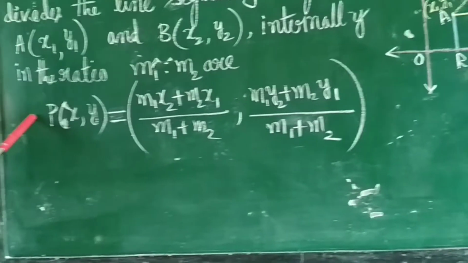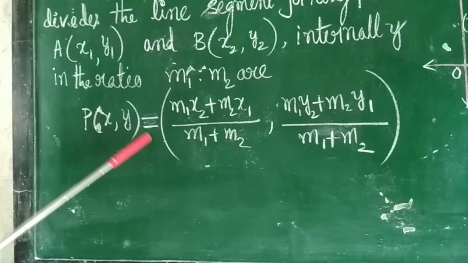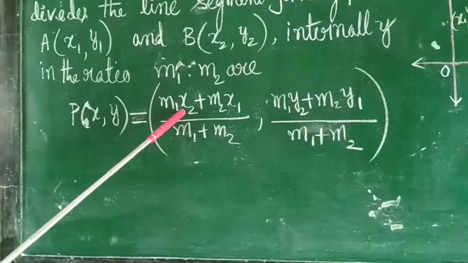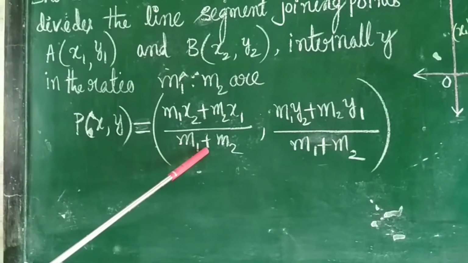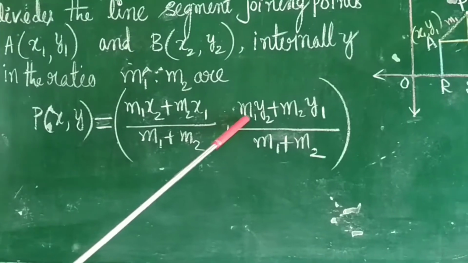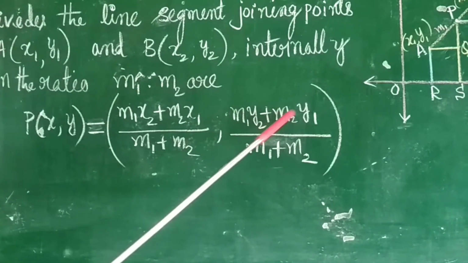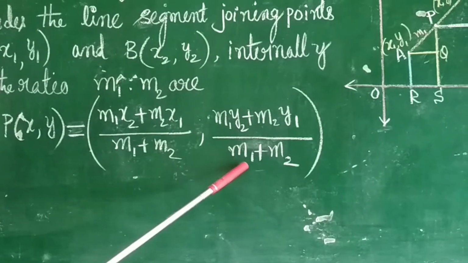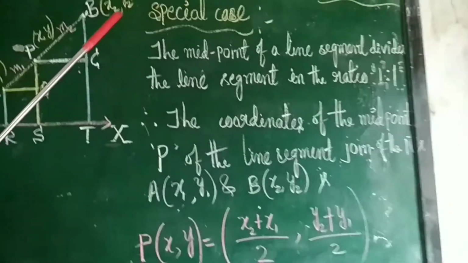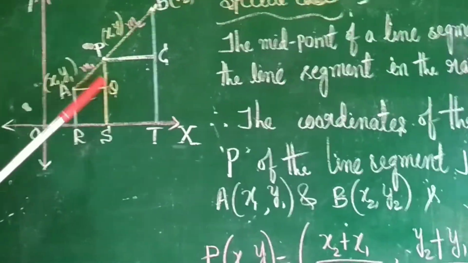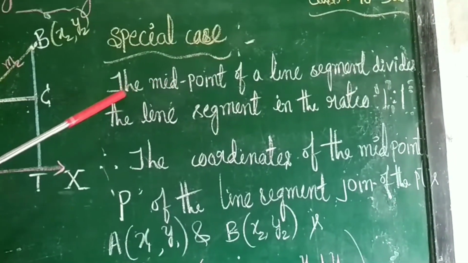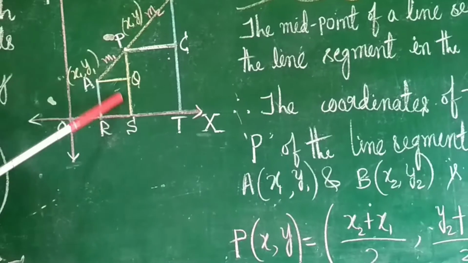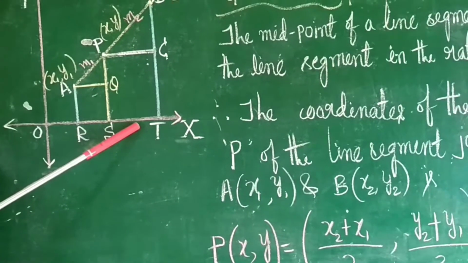Therefore, the coordinates of P of x, y are equal to m1 x2 plus m2 x1 divided by m1 plus m2, and m1 y2 plus m2 y1 divided by m1 plus m2. Now in the special case, the midpoint of a line segment divides the line segment in the ratio 1:1.